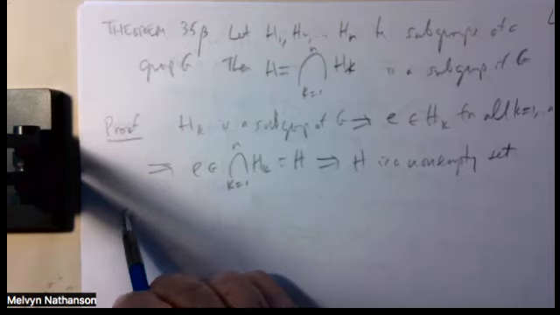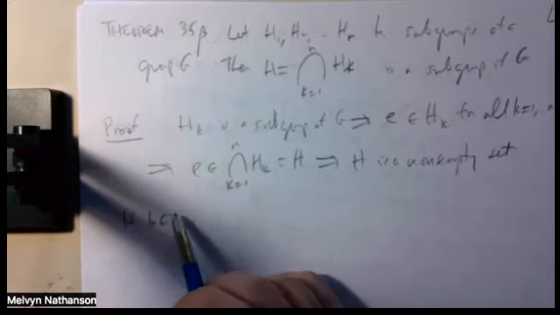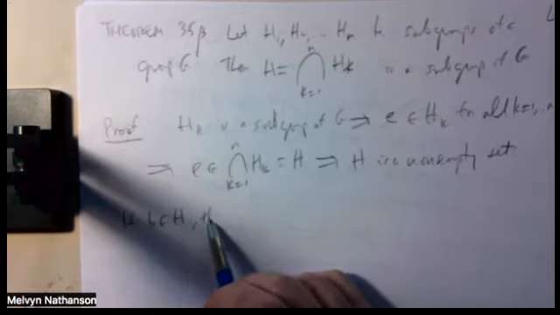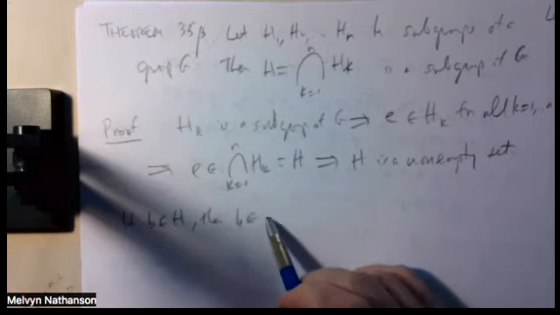Now, what else can we say? If an element B is in H, that means B is in the subgroup Hk for all k from 1 up to n. But a subgroup contains the inverse of each of its elements.